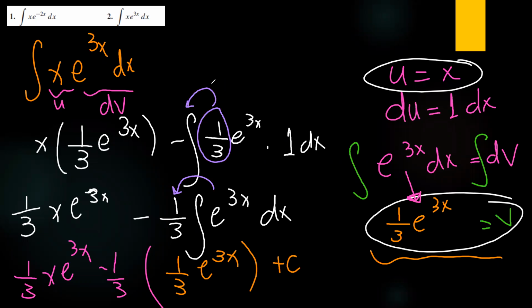So the first one, I integrate it as 1 over 3 times e to the power 3x. But from the formula, it is minus the integration of v. So I need to reintegrate e to the power 3x another time. So then 1 over 3, then the integration of e to the power 3x, which is one third e to the power 3x.